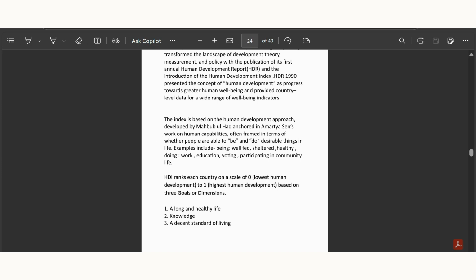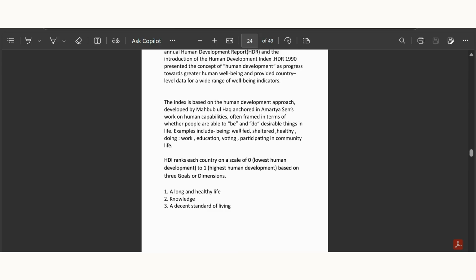The index, based on the human development approach, was developed by Mahbubul Haq, anchored in Amartya Sen's work on human capabilities, often framed in terms of whether people are able to be and do desirable things in life. Examples include being well fed, sheltered, healthy, doing work, education, voting, participating in community life, etc.